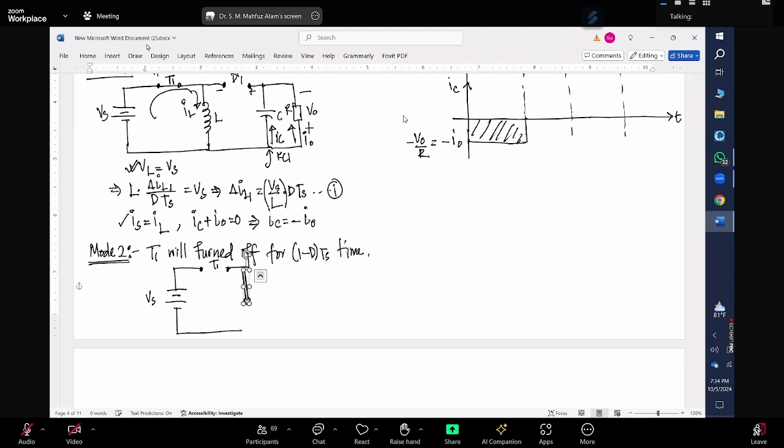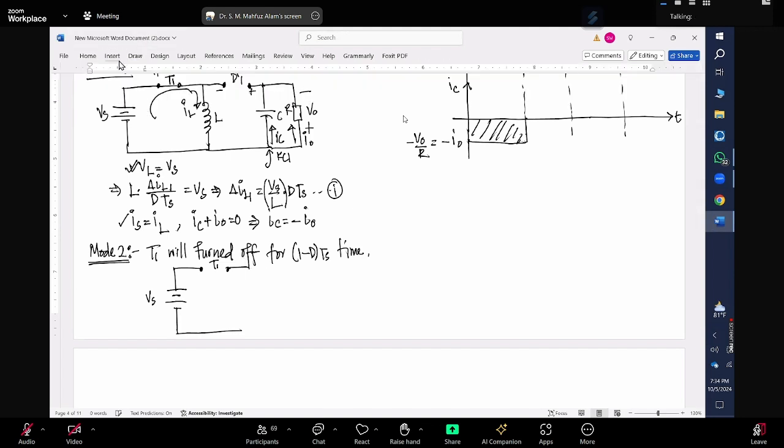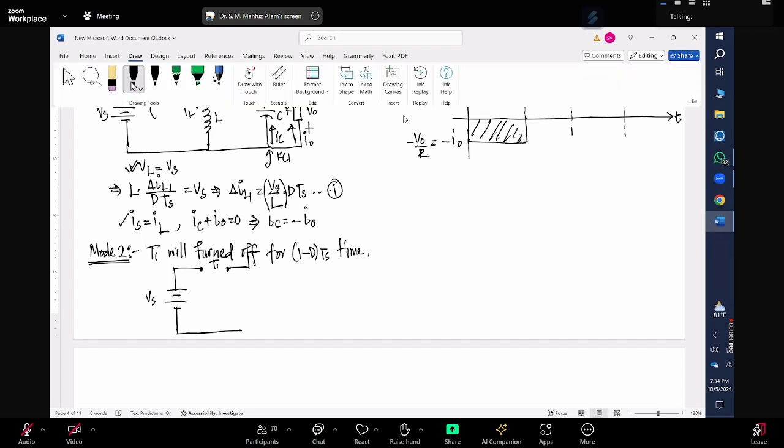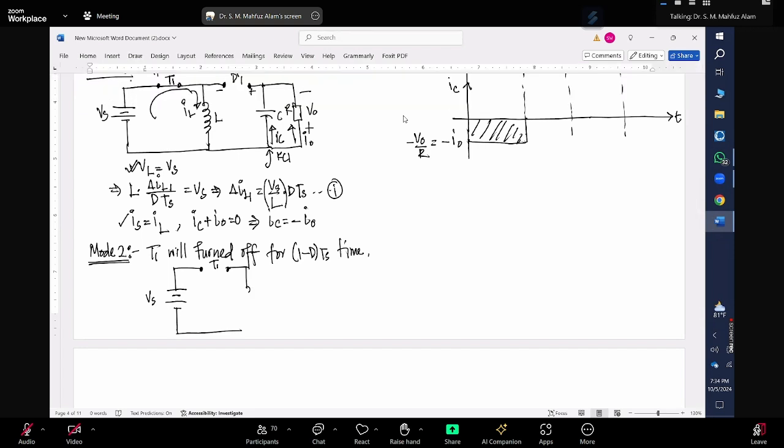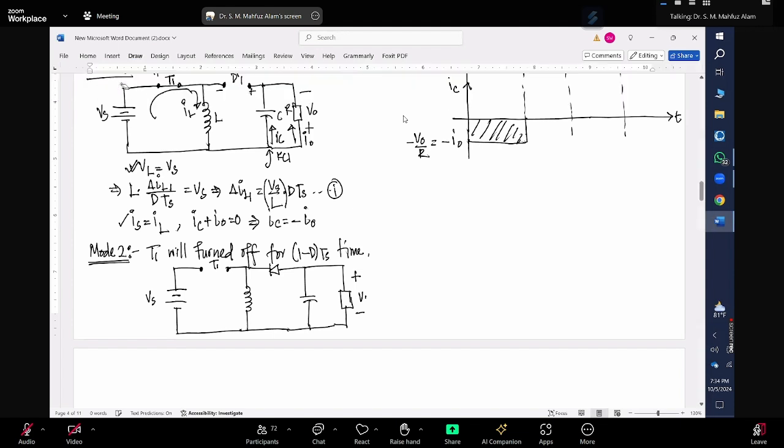Then we'll have an inductor. Then we have a diode. And then we have a capacitor. And then we have output voltage V naught. Sorry, the V naught polarity we choose in the opposite direction.